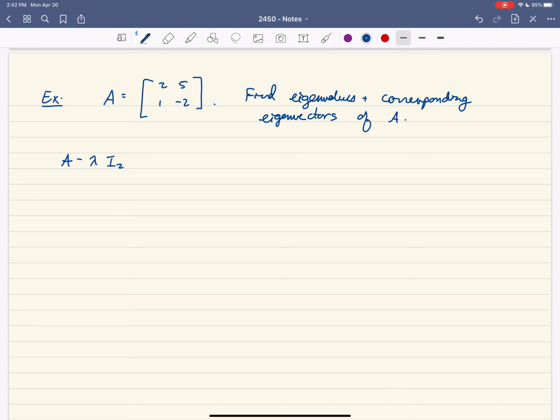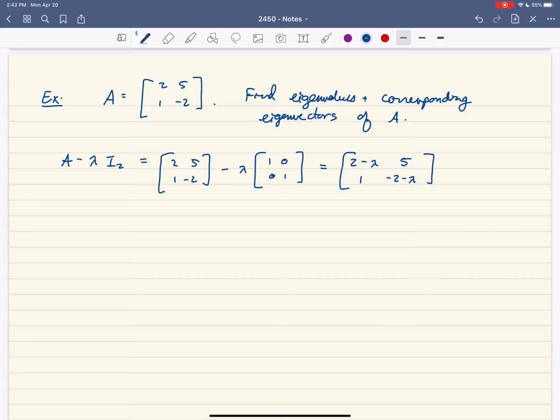Here, A is a 2 by 2 matrix, so the identity that we're looking at is the identity I sub 2. And this is going to be A, which is 2, 5, 1, negative 2, minus lambda times I, which is 1, 0, 0, 1. If we were to multiply lambda through and then subtract these matrices, we'd end up with 2 minus lambda, 5 minus 0, 1 minus 0, and negative 2 minus lambda.